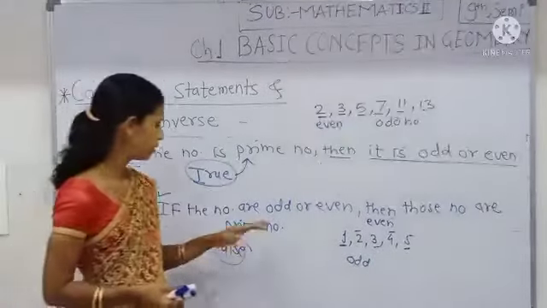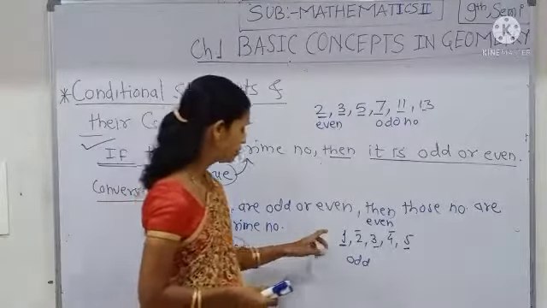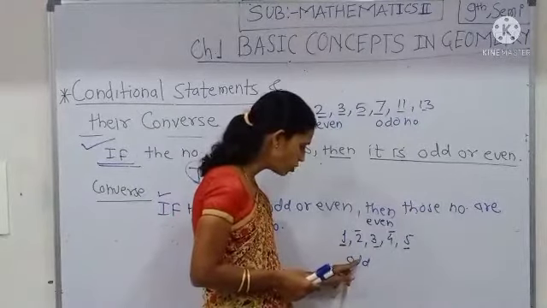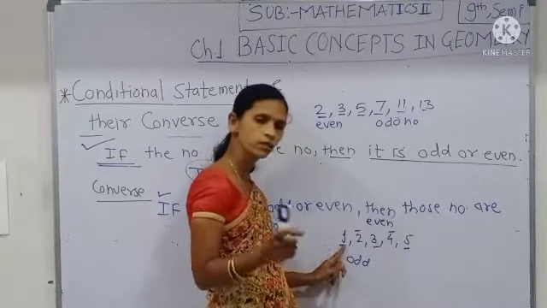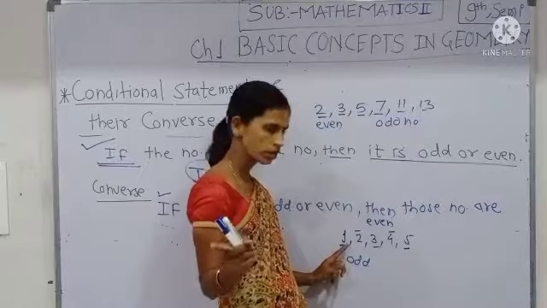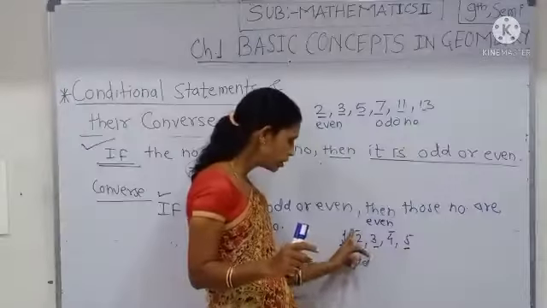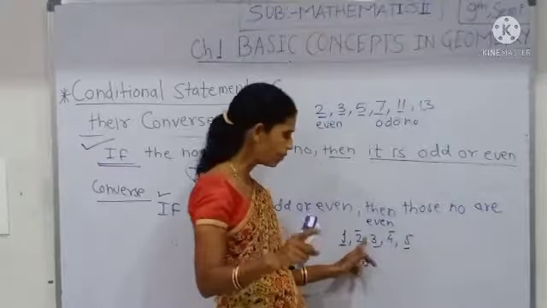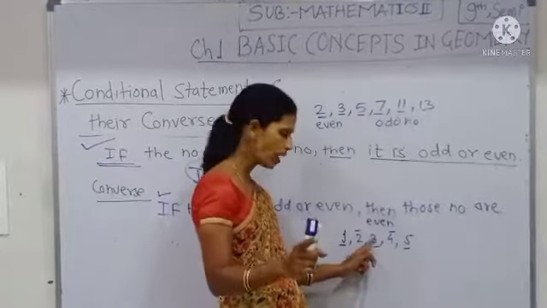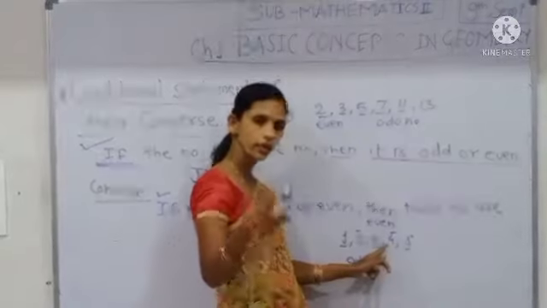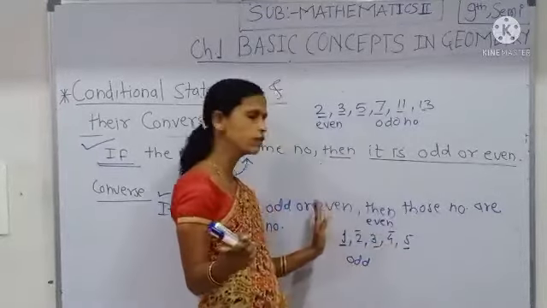In this example, 1 is an odd number, but it is neither composite nor prime. 2 is an even number, and it is prime. 3 is an odd number, and it is prime. 4 is an even number, but it is not prime.